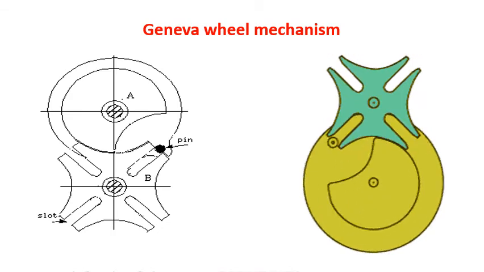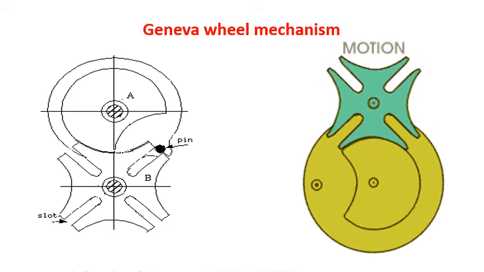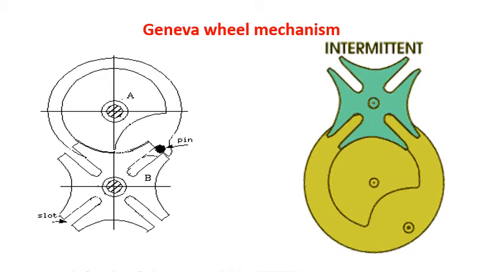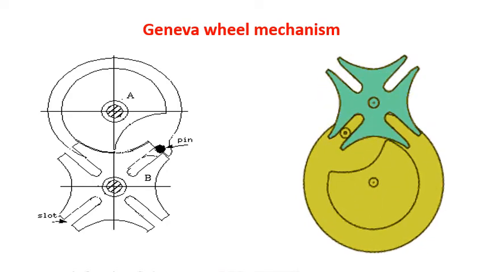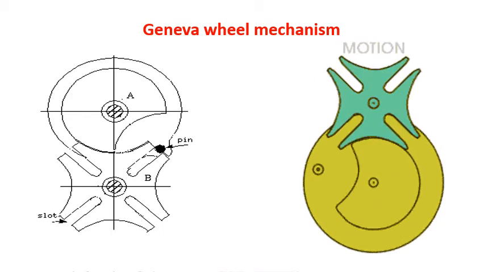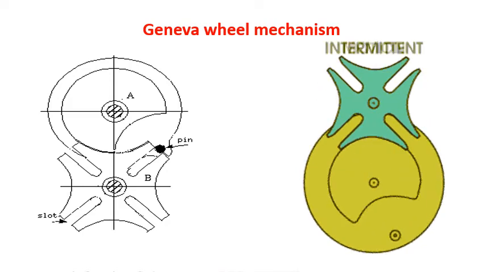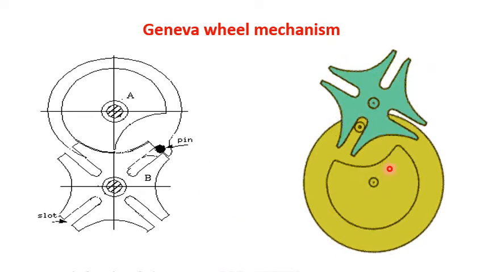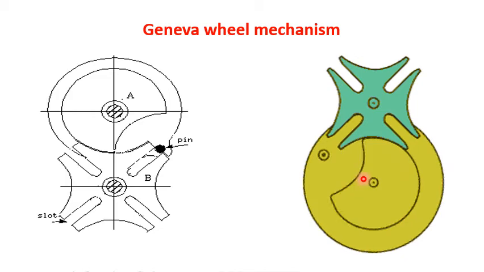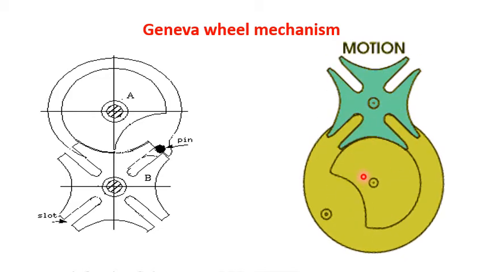It means that the pin and wheel remain in contact during 1/4 turn of the wheel. During the remaining time of one revolution of the crank, the wheel remains at rest, that is, locked in position by circular arcs. The number of slots in a Geneva wheel may be minimum 3, maximum up to 16. So in the animation you can see how the Geneva wheel works.